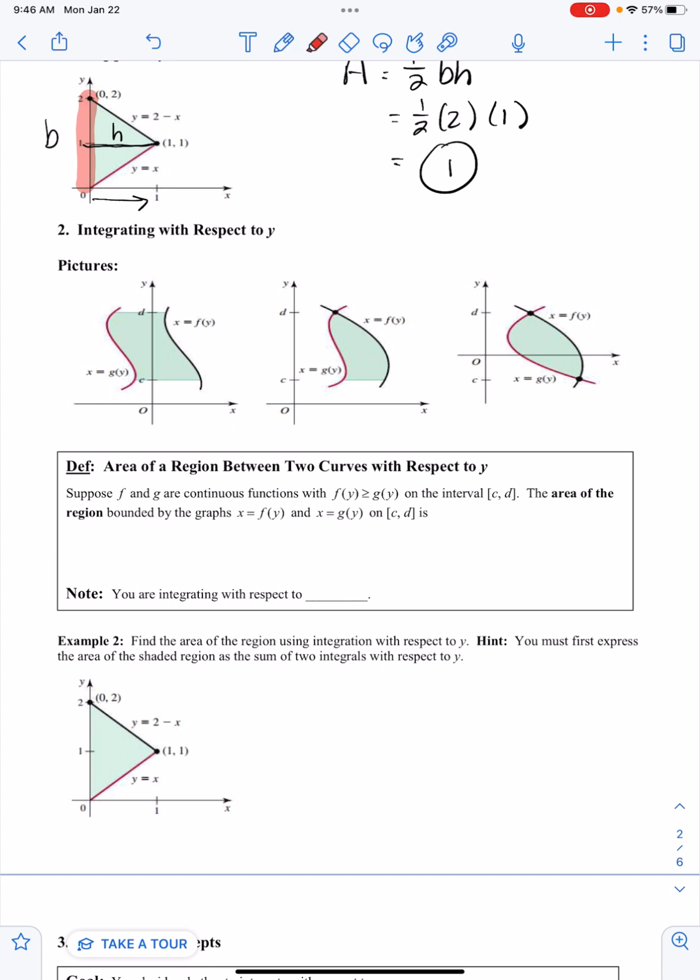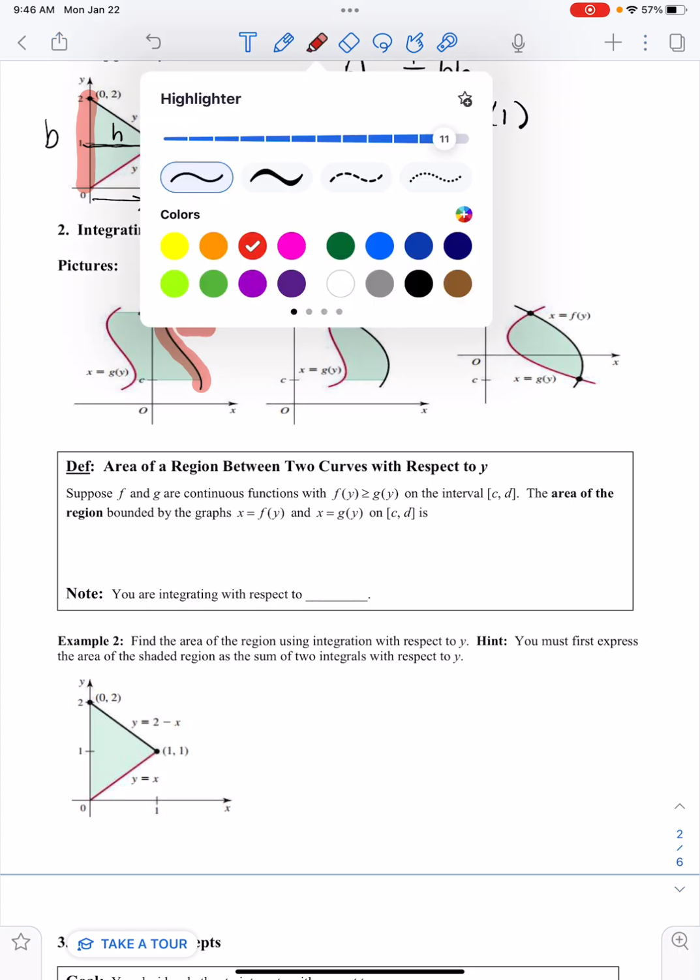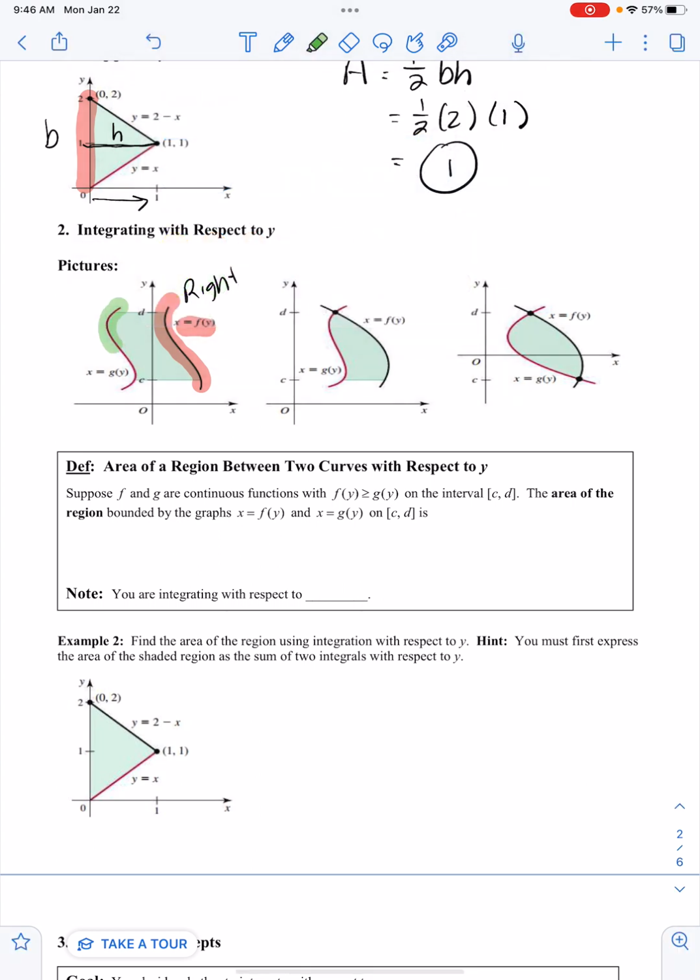So in this case, the f function, and notice how x is in terms of f of y, because you want your curves to be all about y here. So this would be on the right side, and then you're going to subtract off the curve on the left side here.